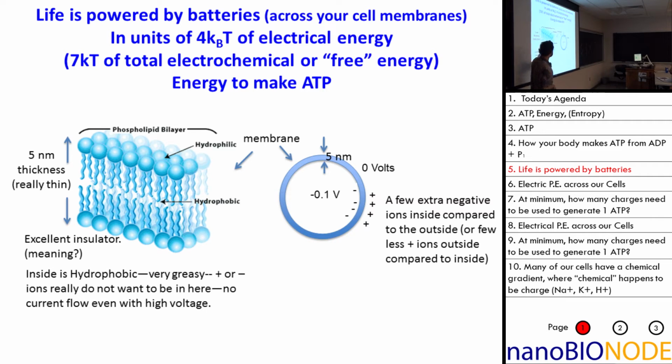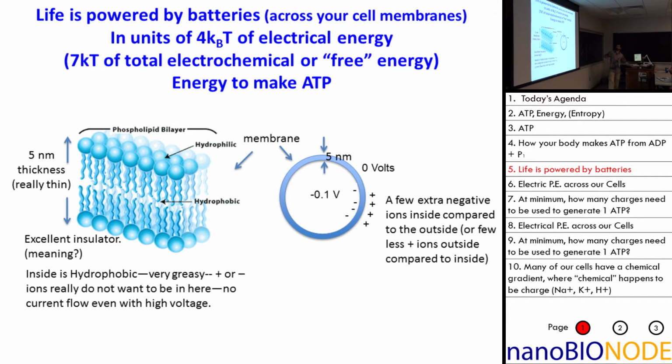So what that means is the membrane is an excellent insulator. What does that mean? Yes? It's hard for charges to escape between the cell and the outside of the cell. That's right. If you have a charge, it's hard for it to escape, or if you charge here, it's hard to get into it.